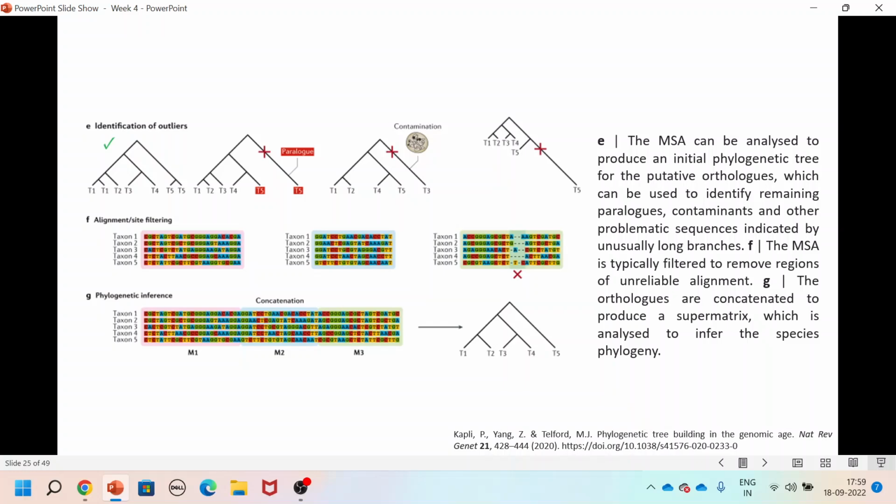So by using this ortholog and paralog concept, and by using local alignment and multiple sequence alignment, the MSA is finally typically filtered to remove regions of unreliable alignment, and then the orthologs are concatenated, which results in the production of a phylogenetic tree, which shows how the different taxa are related to each other.